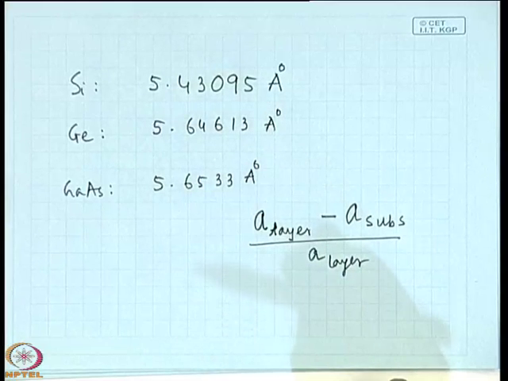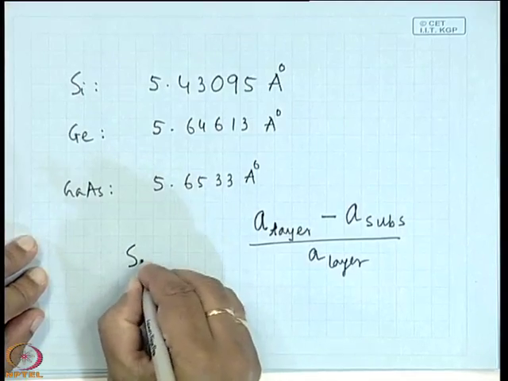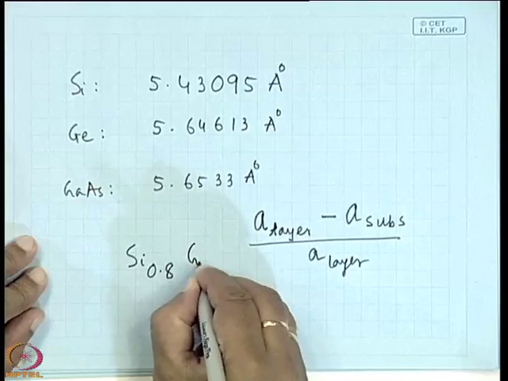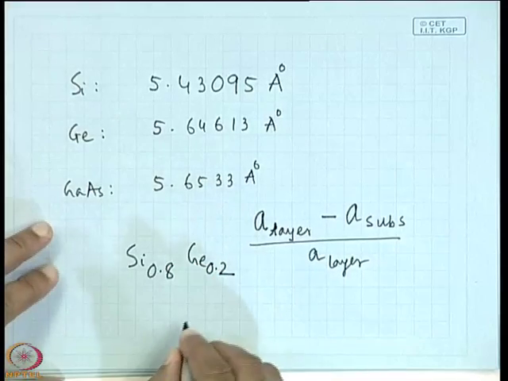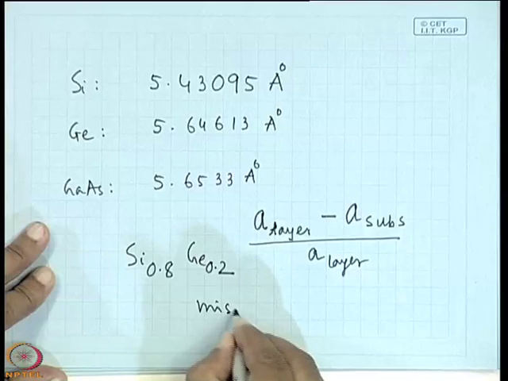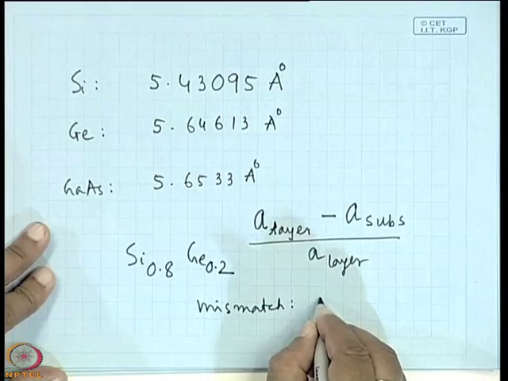But you can reduce it if you introduce some amount of germanium in it. That means silicon germanium compound will reduce some of the lattice mismatch, and I can give you a value that for, say, silicon of 0.8 and germanium 0.2, the mismatch will be less than 1%.